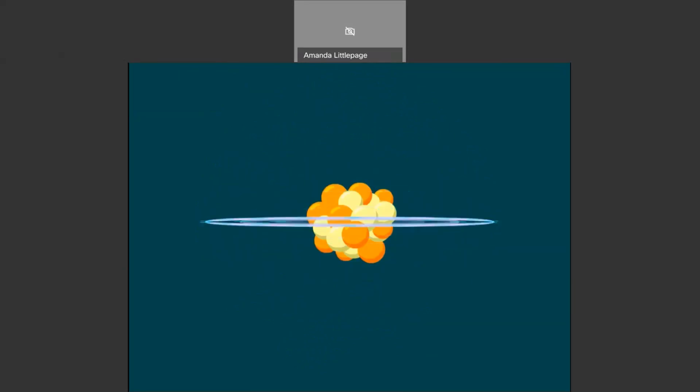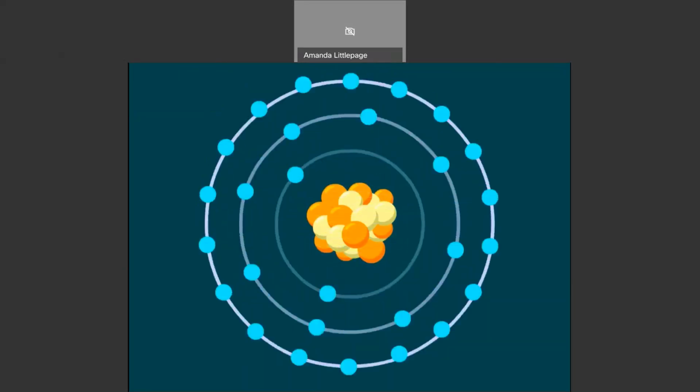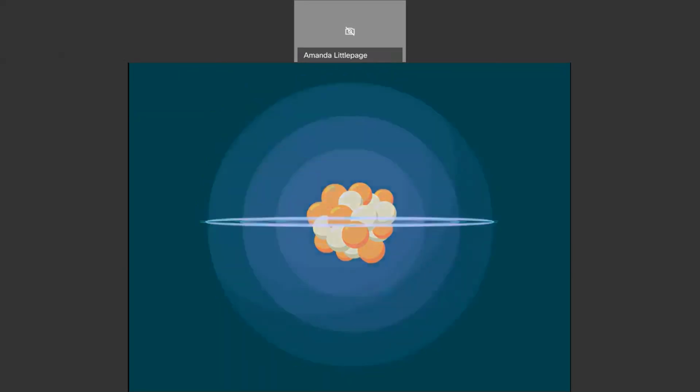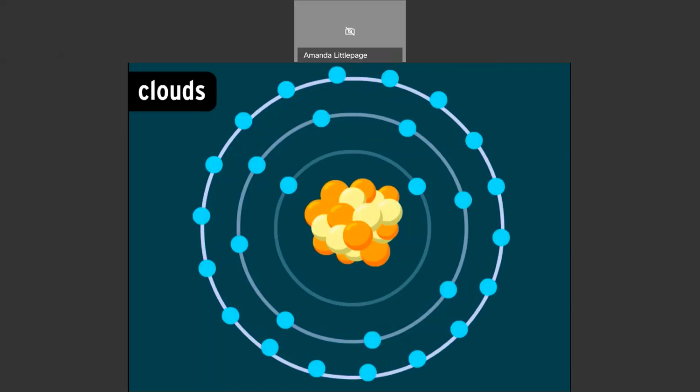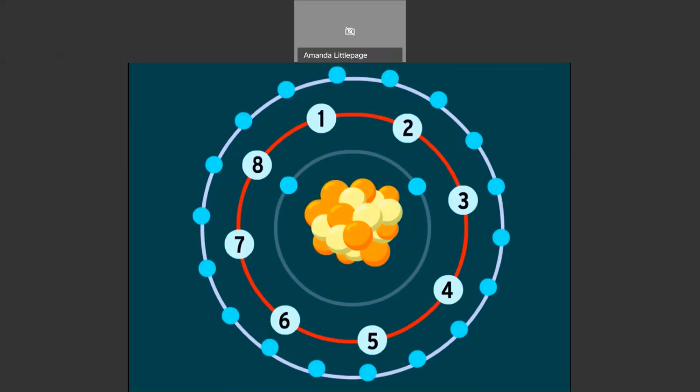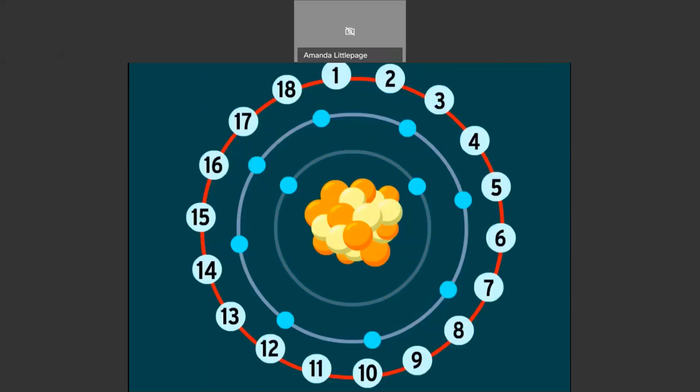This is just a simple model. In reality, electrons orbit the nucleus in three-dimensional patterns called clouds. But the circular model helps us see that each shell can hold a certain number of electrons. The first shell, closest to the nucleus, can hold 2. The second shell can hold 8 electrons, while the third shell can hold up to 18, and so on.